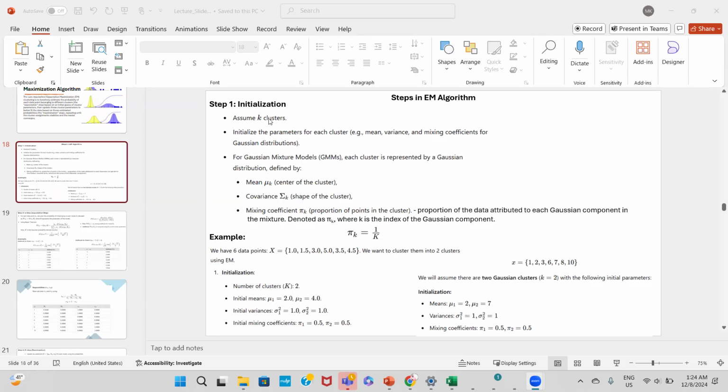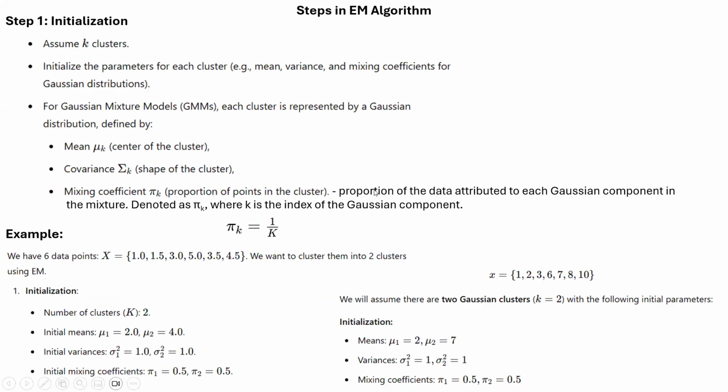In any clustering algorithm, we need to initialize the value for k, which specifies the number of clusters we want to come up with, or the algorithm wants to come up with. And the second thing is we need to initialize the parameters of each cluster. So in GMM, which is the Gaussian mixture model, we assume each cluster is represented by a Gaussian distribution.